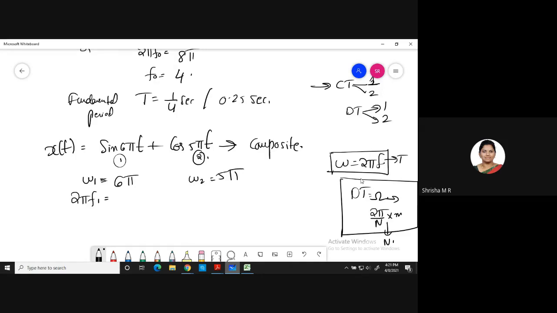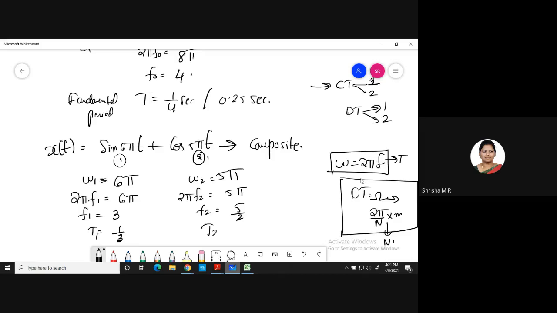So 2 pi f1 is nothing but 6 pi, so f1 is 3, so T1 is 1 by 3. We haven't come across such a problem before: your time period T1 is in ratio form, 1 by 3. Then 2 pi f2 is 5 pi, so f2 is 5 by 2, correct?